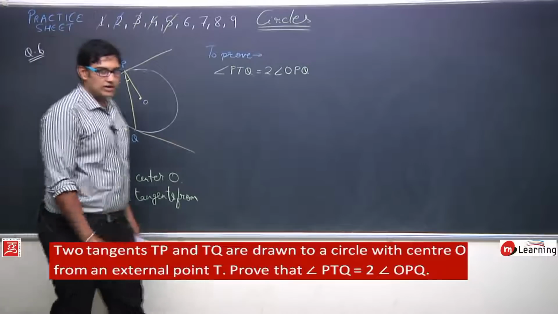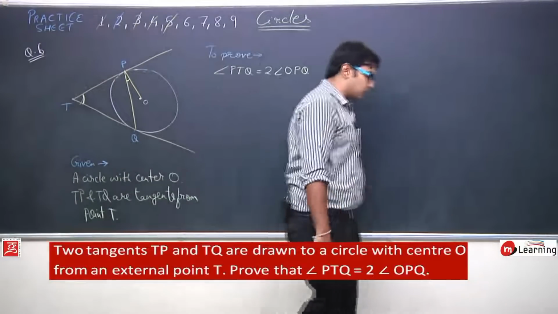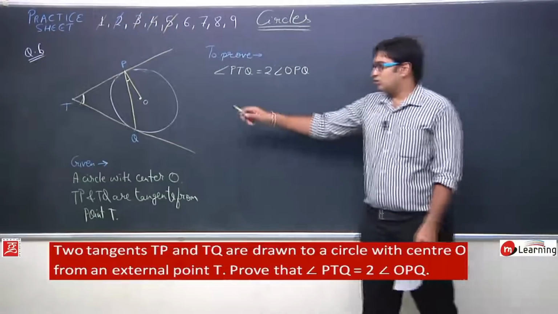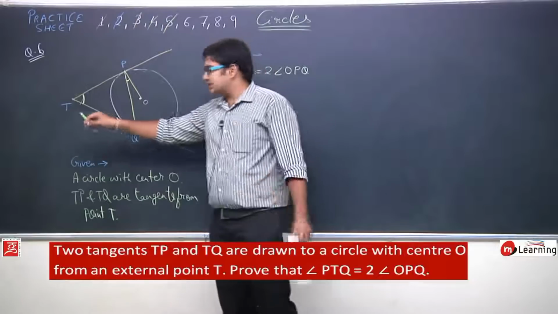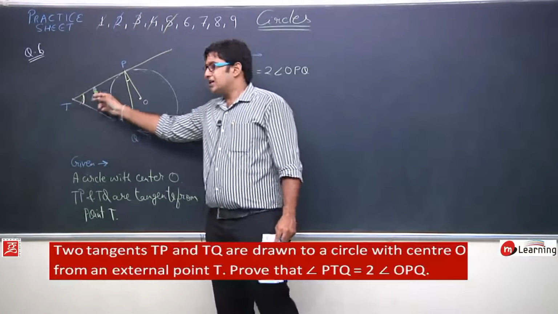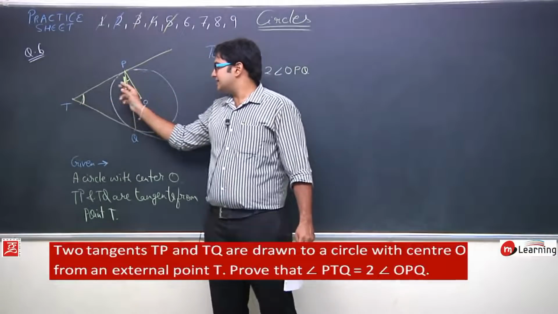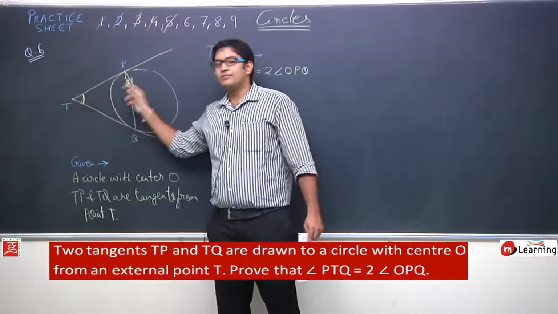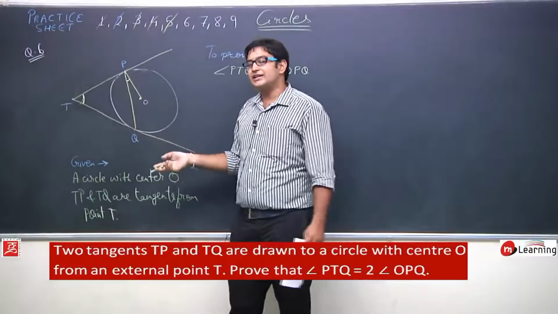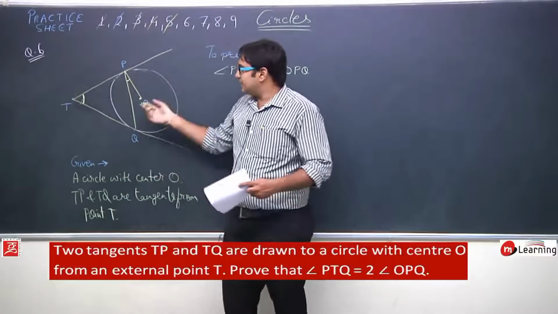Now try to think how to prove this, how to determine a relation between this angle and this angle. What should we do to determine the relation between this and this angle? How are these two angles related to each other? Let us think.